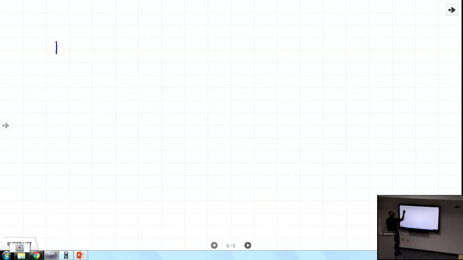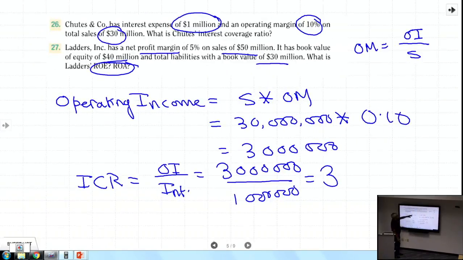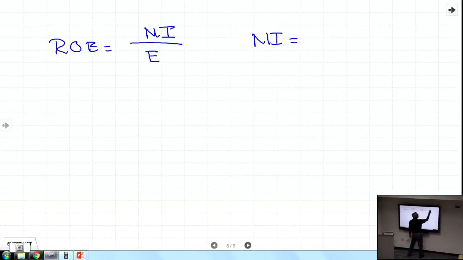ROE, what is the definition of ROE? ROE is net income divided by equity. So what is net income going to be? From the information presented to us, and this is where we have to look very carefully, we have net profit margin and we have sales. The definition of net profit margin is net income over sales.